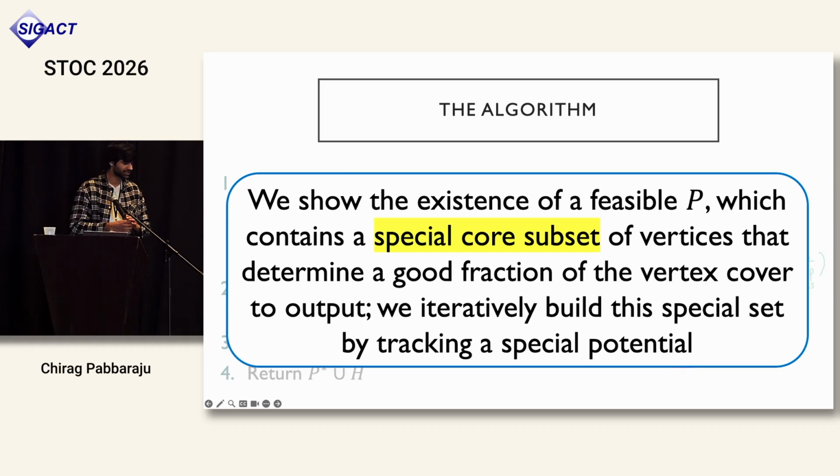It's an iterative process by which we build this core subset of vertices. The iterative algorithm tracks a very cute potential function, and we show that there is a specific p which, when it contains this subset, satisfies this 1 plus epsilon factor approximation. I really encourage you to look at the paper or chat with me afterwards if you want to know more about this.